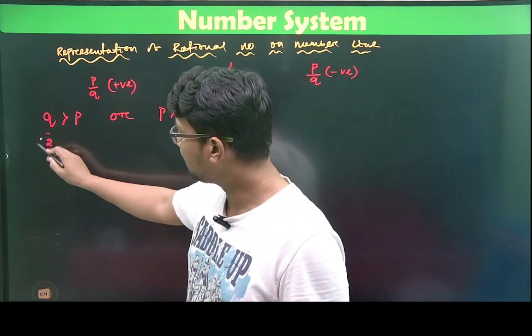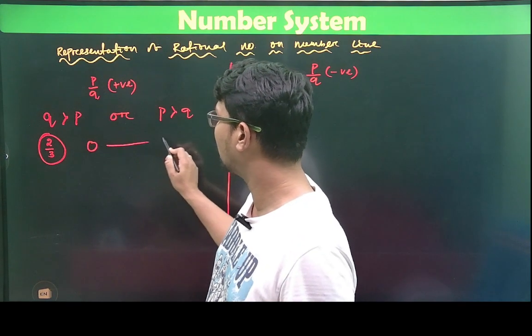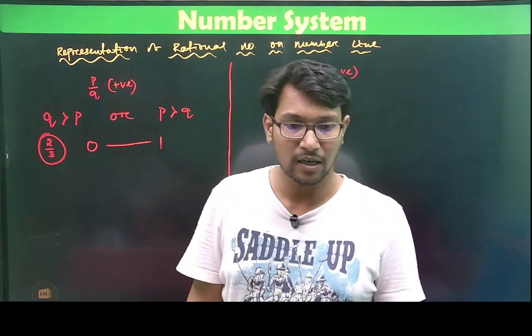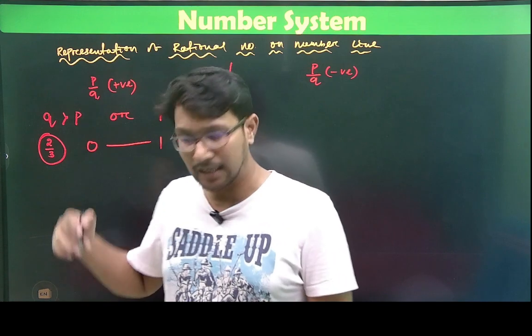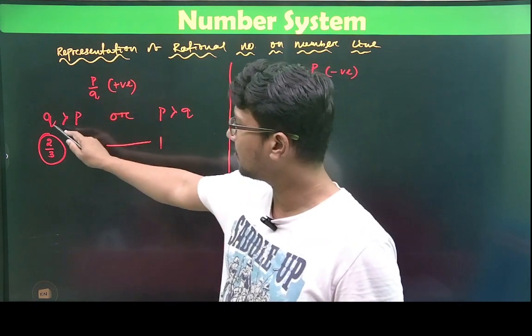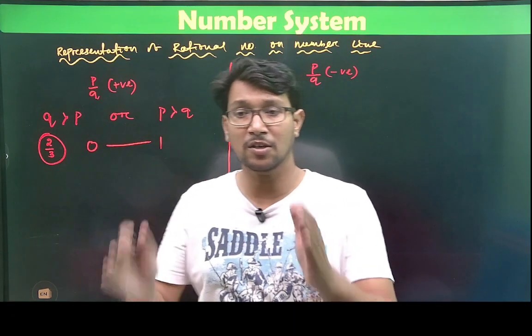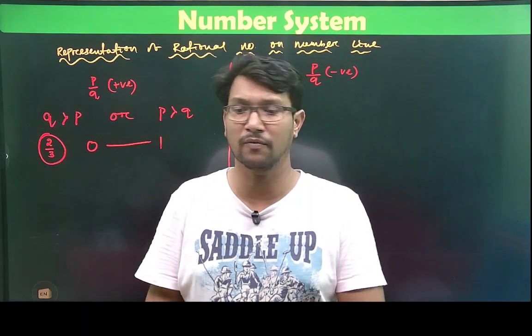Every proper fraction will come between 0 and 1. It is greater than 0, less than 1. So if Q is greater than P, the number will come between 0 and 1. It will never exceed that.